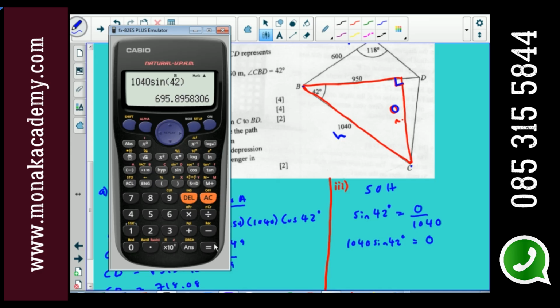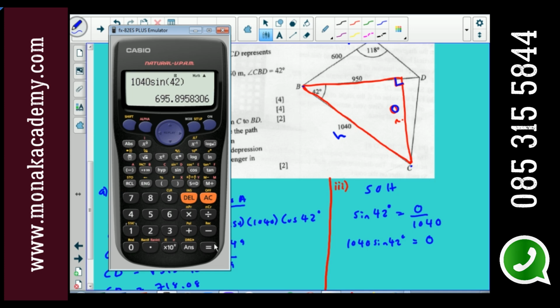This one is a length of a side, so we want three significant figures, making it what? Final answer. Are you getting the same value like I did? Yeah. Three significant figures. So it's 695.